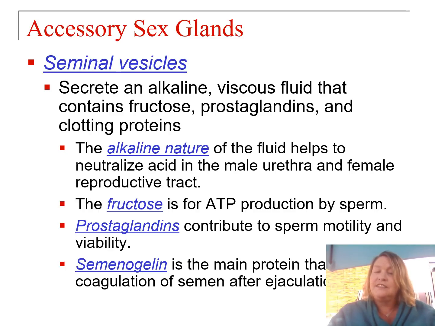And you're going to see that the contents of semen will coagulate and then will uncoagulate, I guess, after ejaculation, as long as it's in the female reproductive tract. It's kind of fascinating. And all because of what is in the semen.